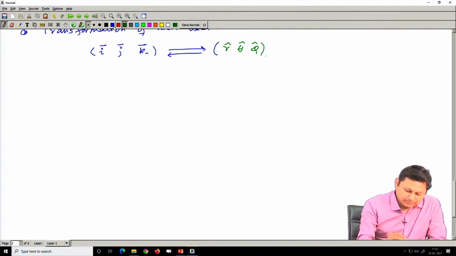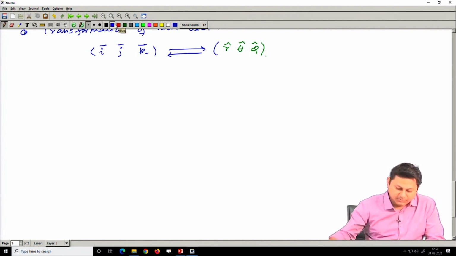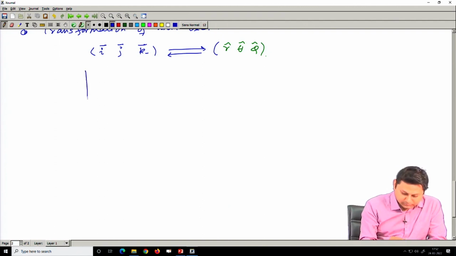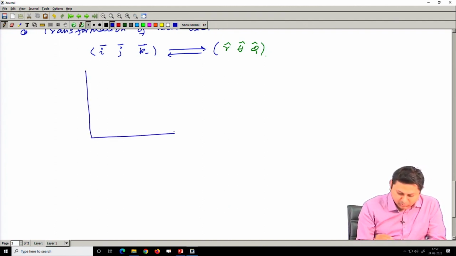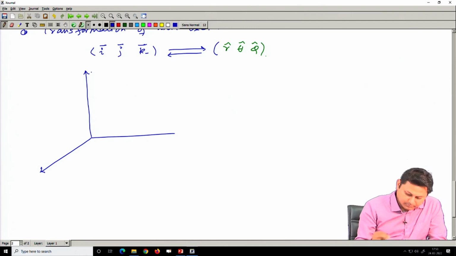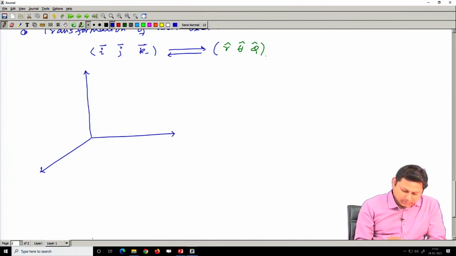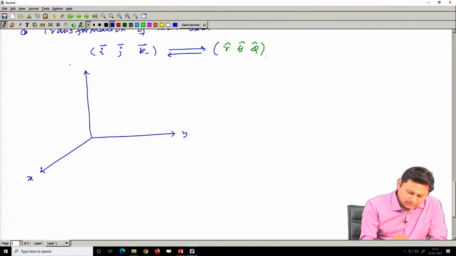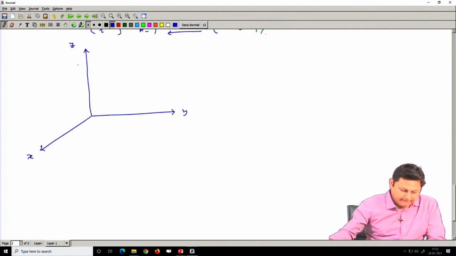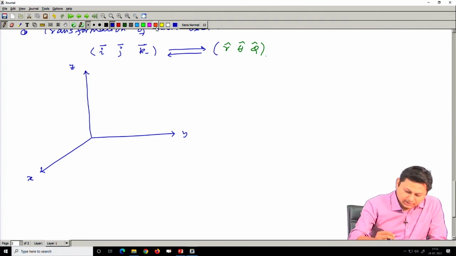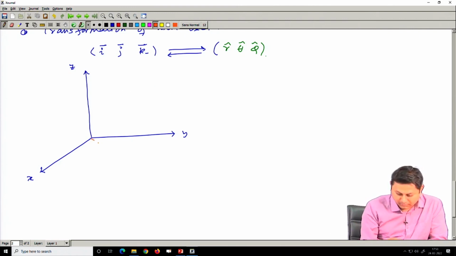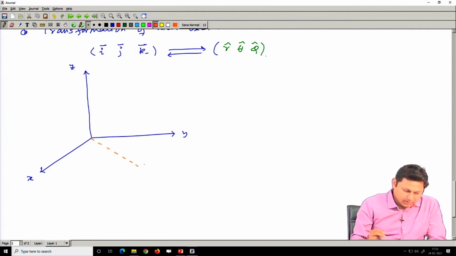So, let us draw the picture that will be useful. These are the coordinate axes. This is my x, this is my y, and this is z, and let us draw a line here, and a point here.